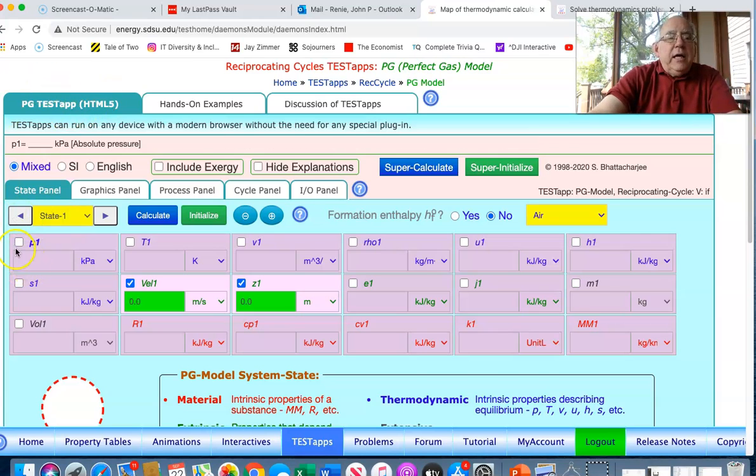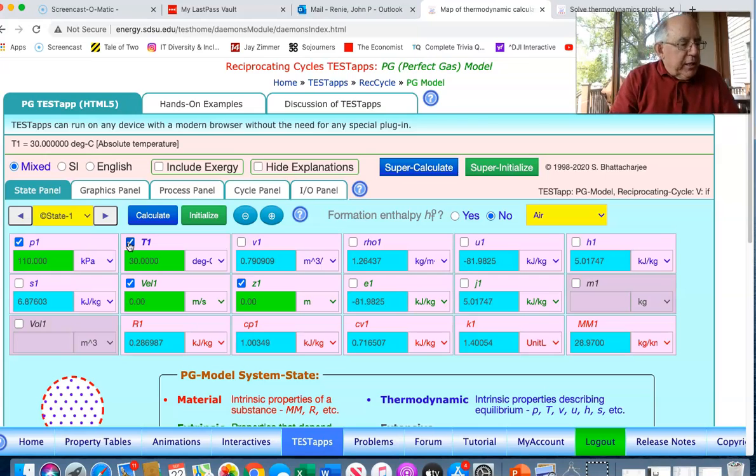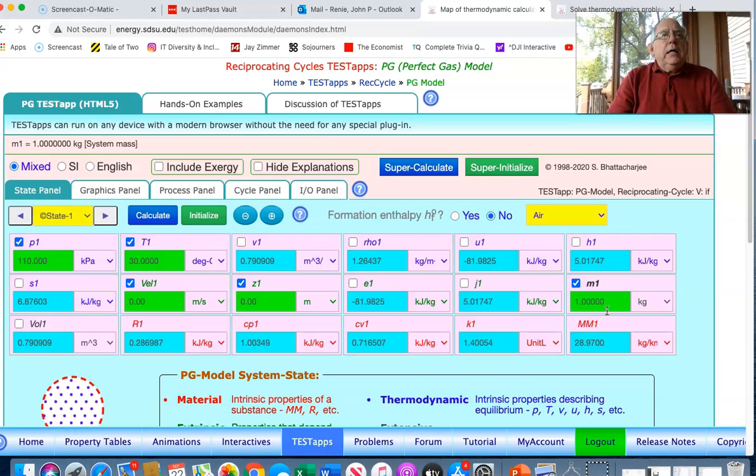Our first state was designated as 110 kPa with a temperature of 30 Celsius. Now, in this particular problem, as I indicated in class, since we are asked to put in a certain amount of heat in kilojoules per kilogram, I'm going to assign the mass in the cylinder at this initial condition as 1 kilogram.